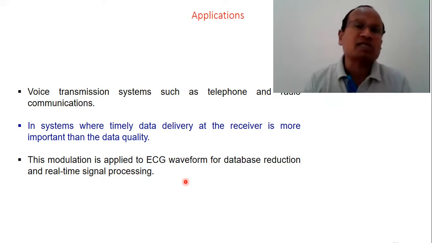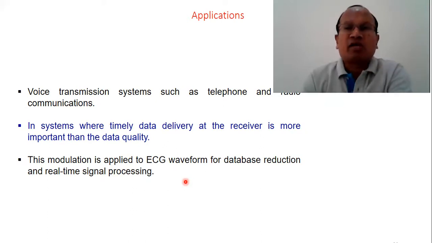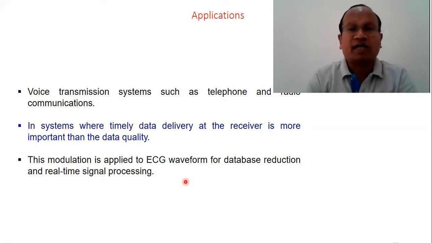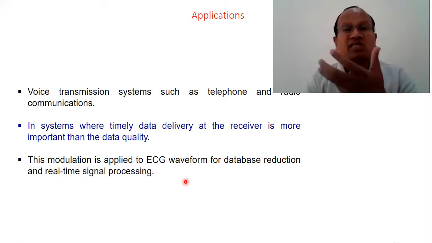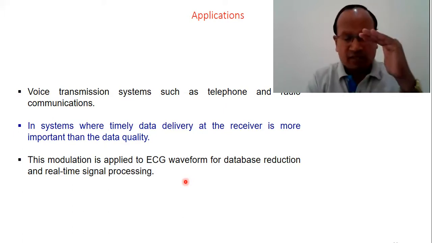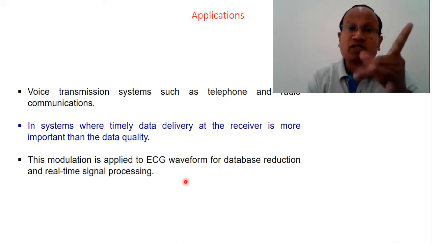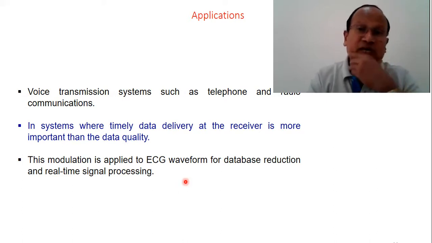Number two, which is very important to note, is that oversampled data can easily be handled and converted into a stream of bits with a faster bit rate and probably reduced bandwidth, and of course improved SNR.